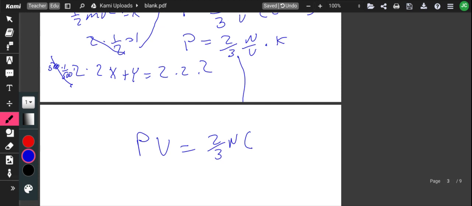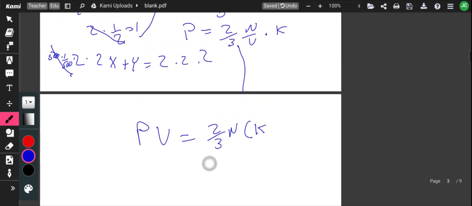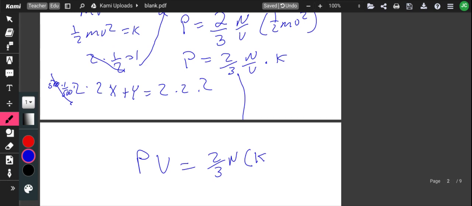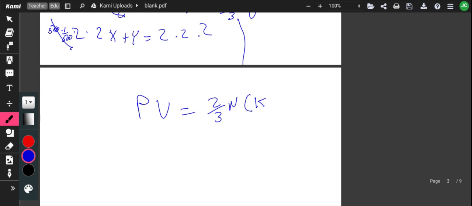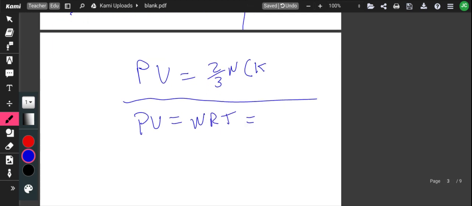And what that tells us, we already know from our chemistry courses that PV is also equal to nRT, but we also know that an alternative way of representing this, instead of in terms of molecules, is in terms of moles.